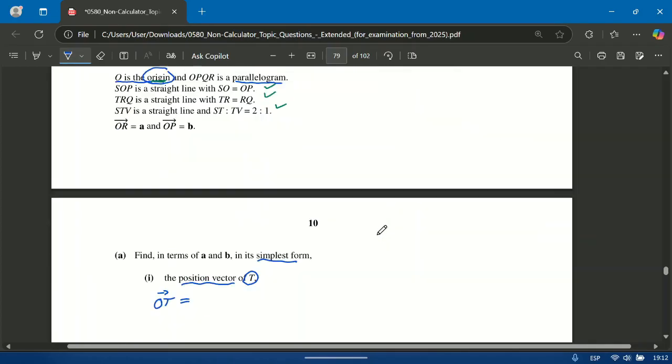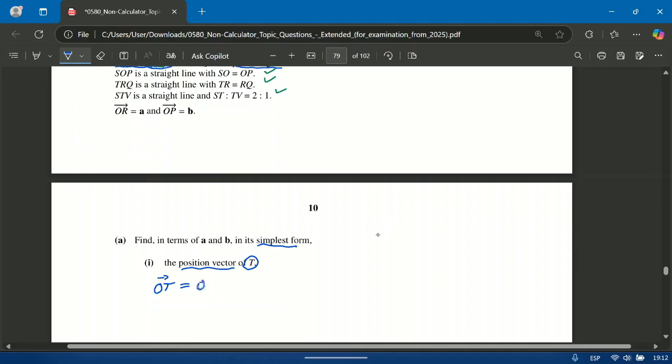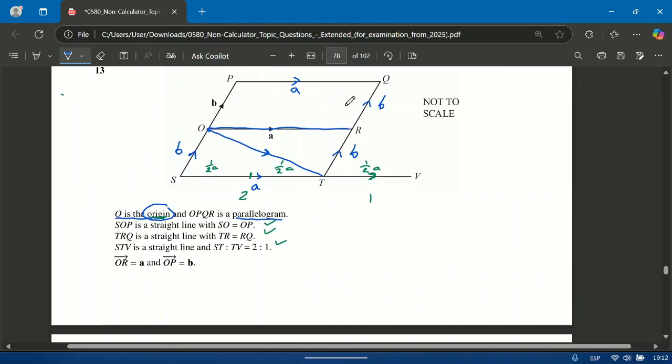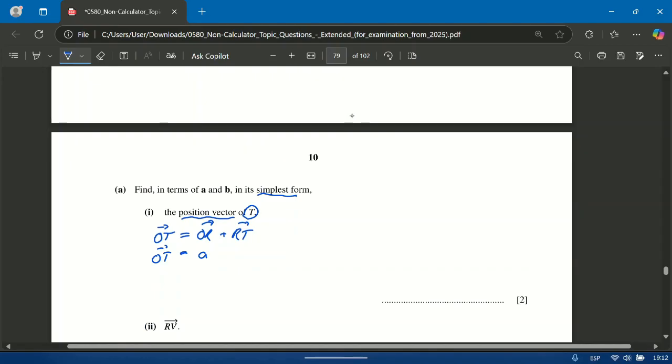So it's OR plus RT. Okay, so the position vector of T, OR is a, and then because we're going in the opposite direction of this vector, this would be negative b. So it's a minus b.